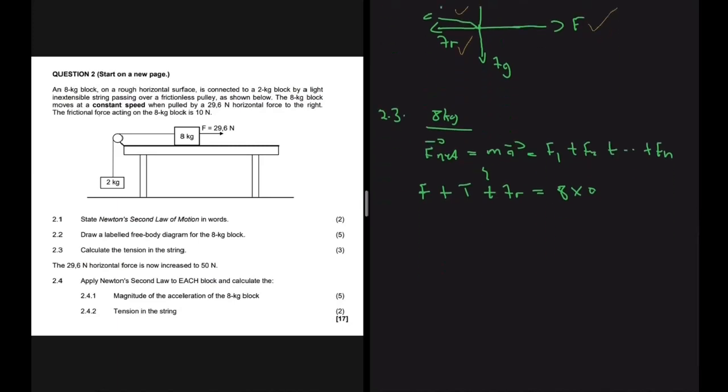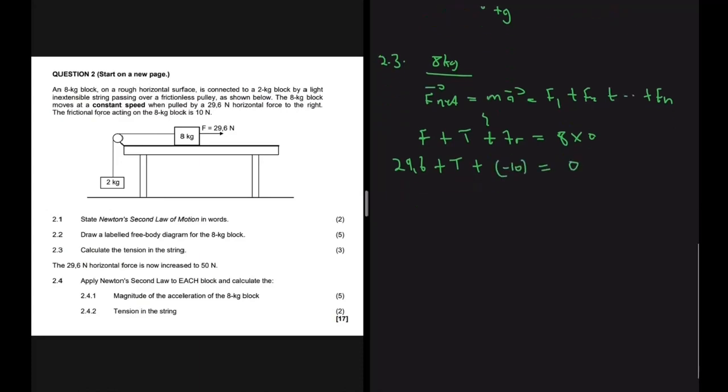So what is F? F is given to us as 29.6. What is T? T is our variable of interest. So we have T there, and then plus friction, right? Friction opposes the motion, like the tension, so we're going to put a negative value there. It says that the frictional force is 10 Newton, so we have minus 10 equals 0.